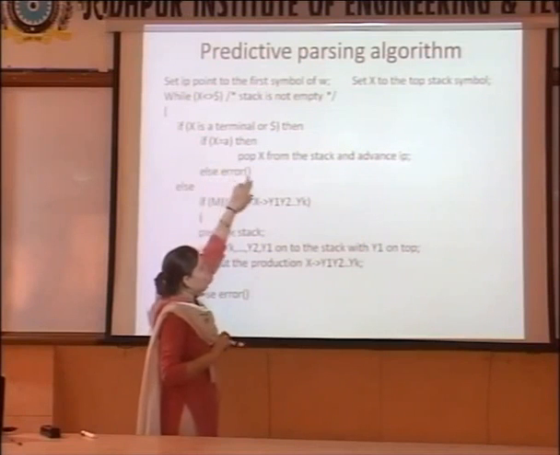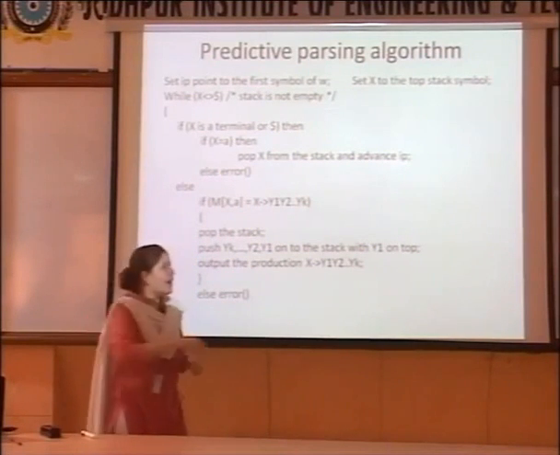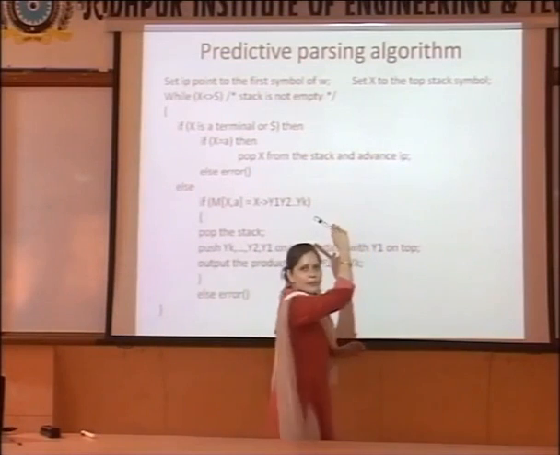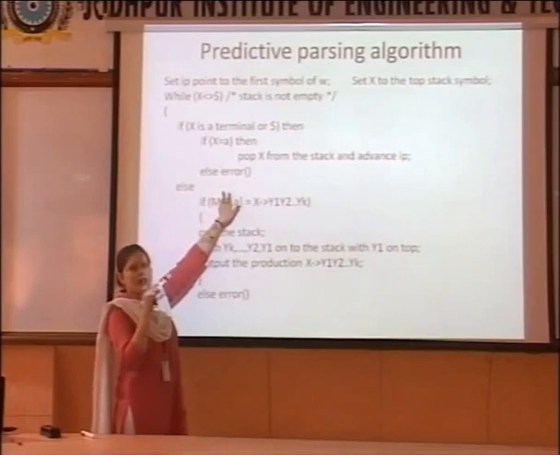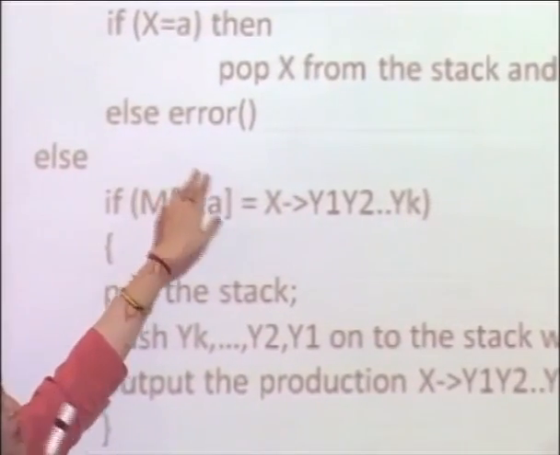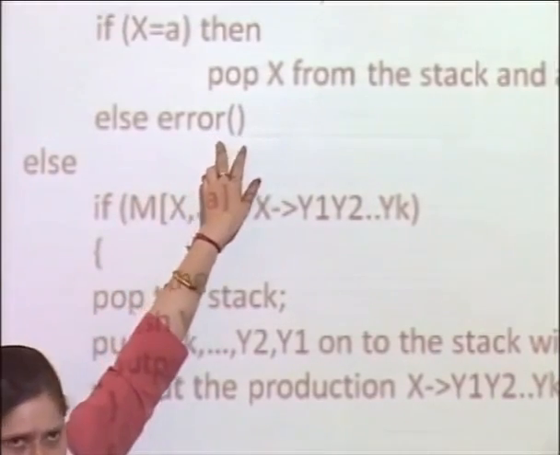If it matches, pop that X from the stack and forward your input pointer. If this X value does not match with the terminal value, that means we have an error.